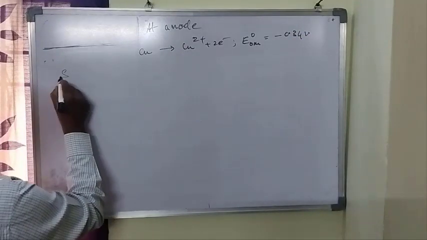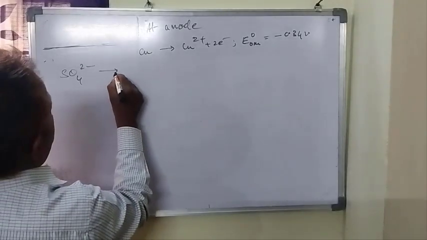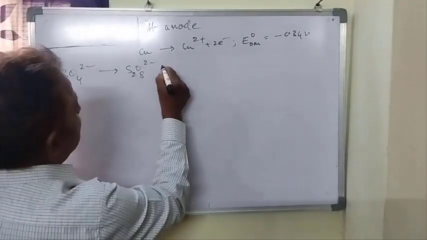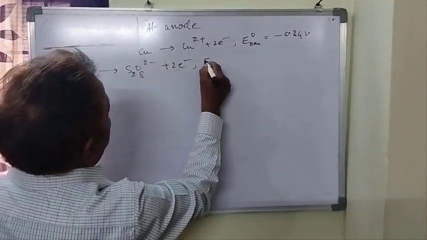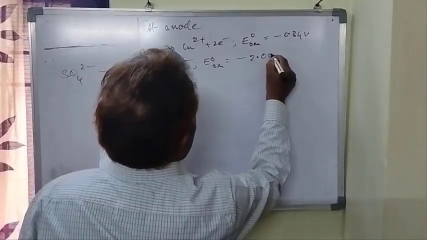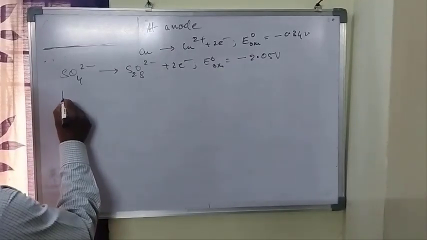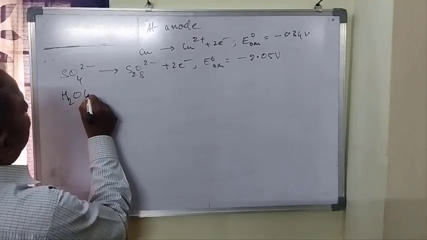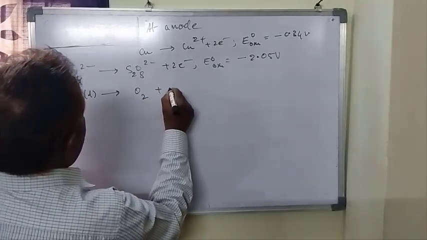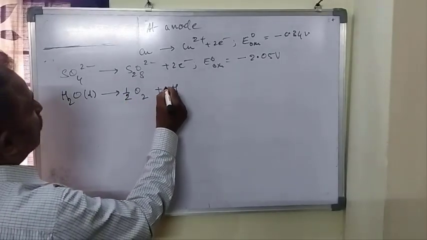Another possible reaction is SO4 2- gives S2O8 2-, the disulfate ion, plus it loses 2 electrons. So here E0 oxidation equals minus 2.05 V. There is another possibility of anode reaction, that is H2O liquid gives half oxygen plus 2H+.